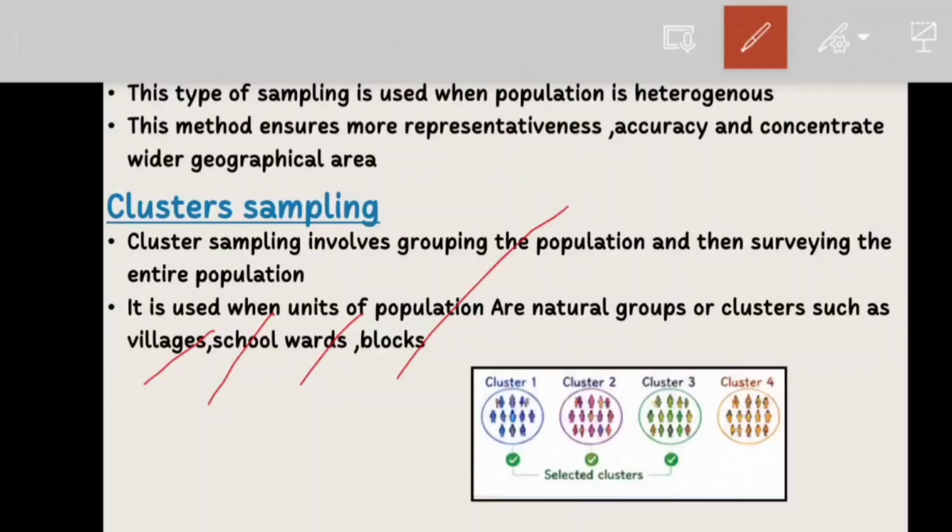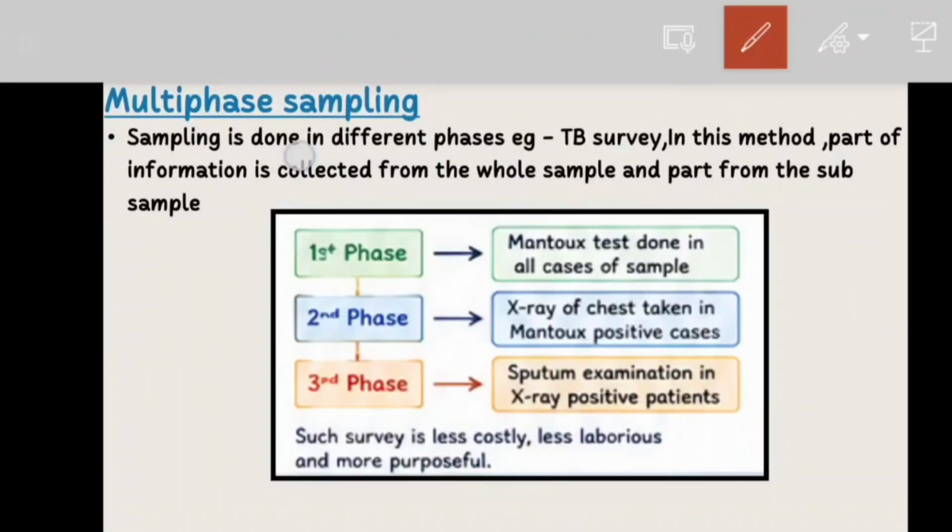Then the entire population within the selected clusters is surveyed. For example, suppose we want to study dental caries in school children across a large district. So instead of going to every school, we can select certain schools as clusters and survey the population in those selected schools.